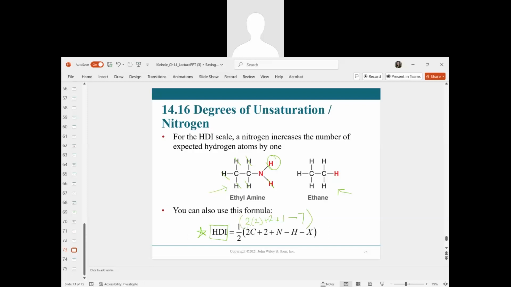So we have 4 plus 2 is 6, plus 1 is 7, minus 7 equals 0. What this tells us is that ethylamine has 0 degrees of unsaturation. As we can see, there's no cyclic structure involved, no double bonds, no triple bonds. So this makes sense that we have a 0 for our degrees of unsaturation.